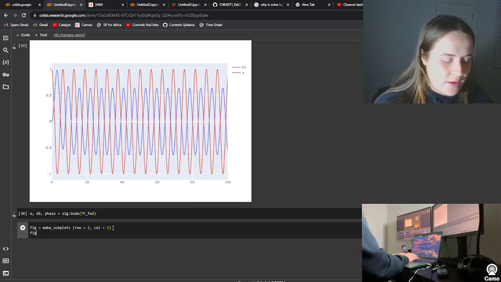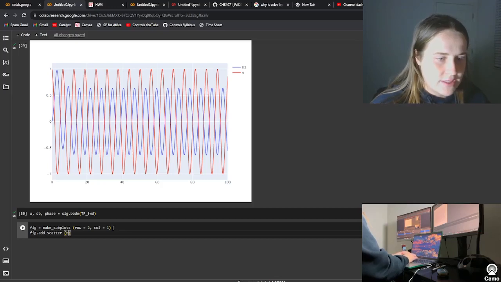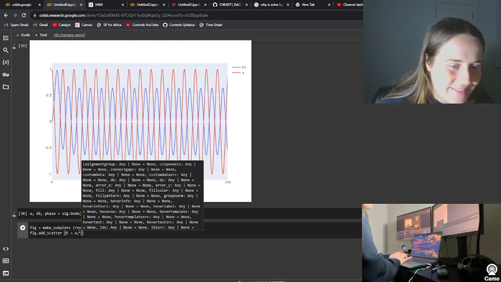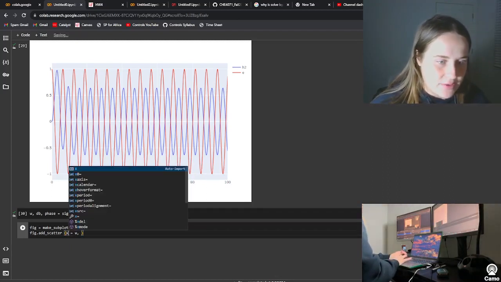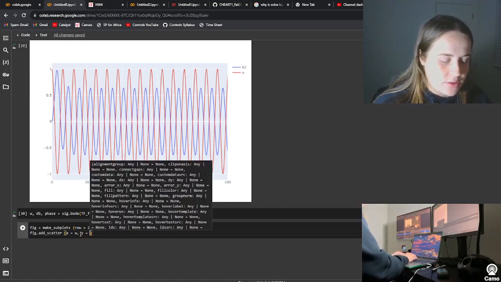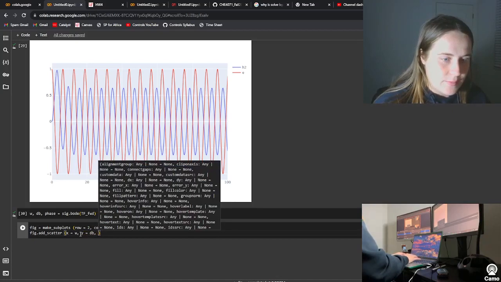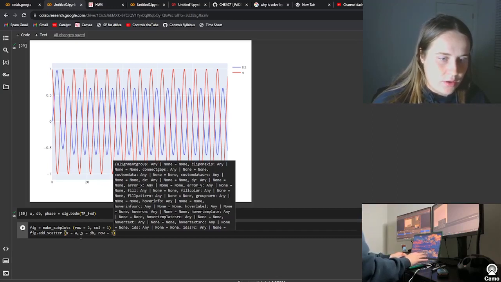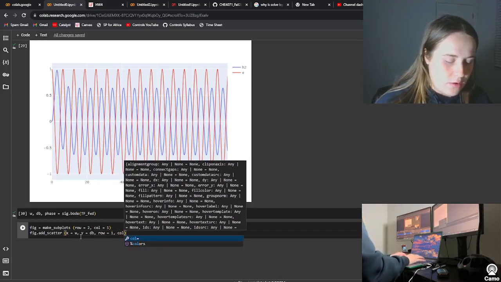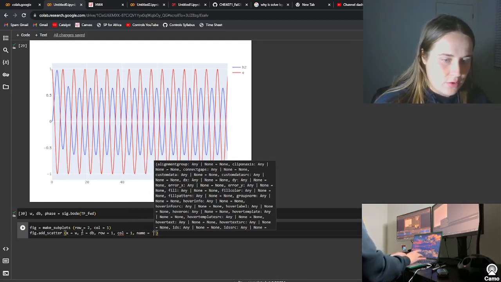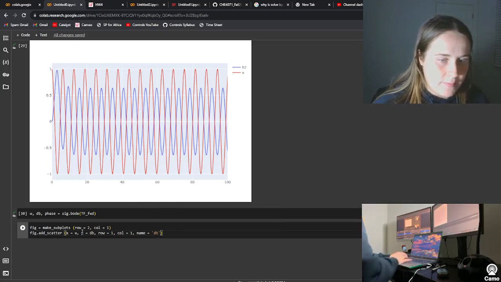Then we'll do fig.add trace, where x is equal to w, y is equal to dB.